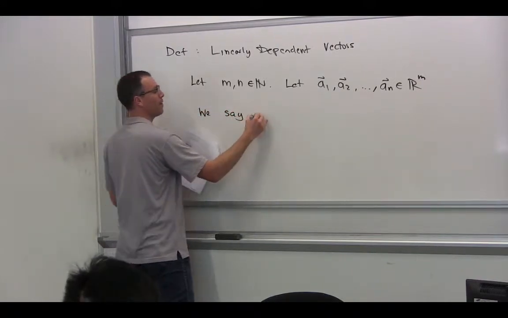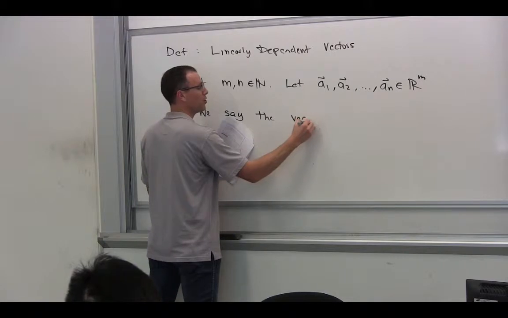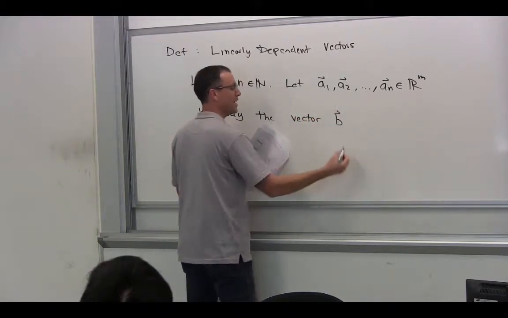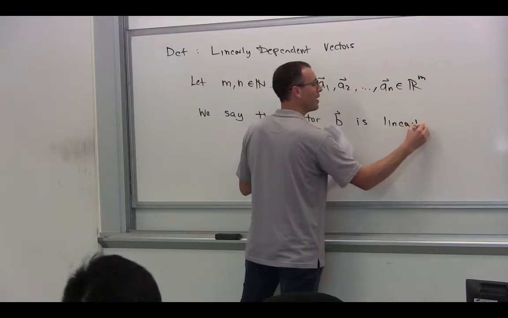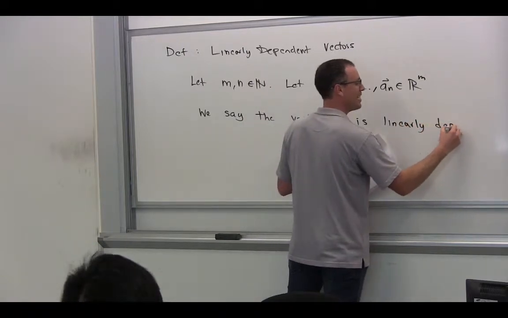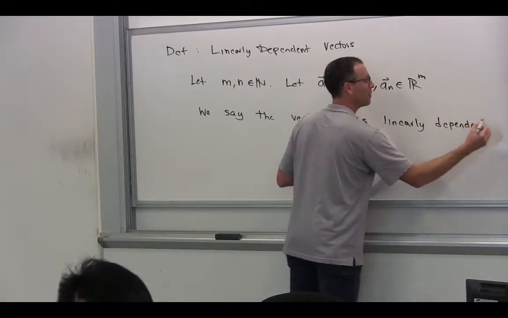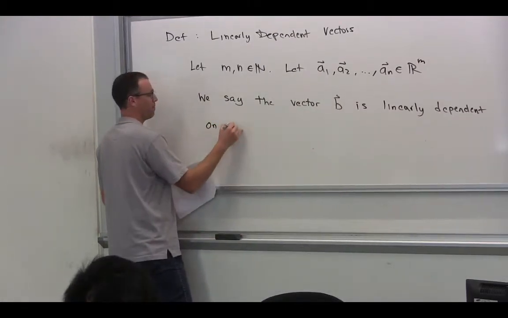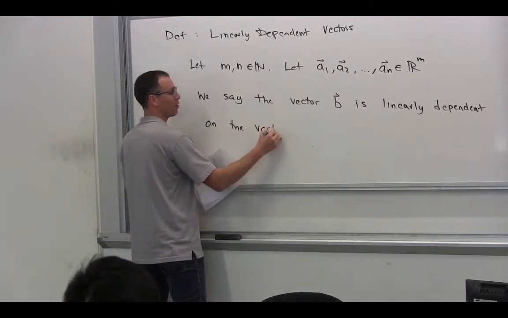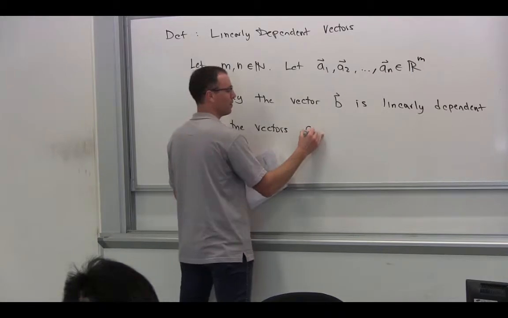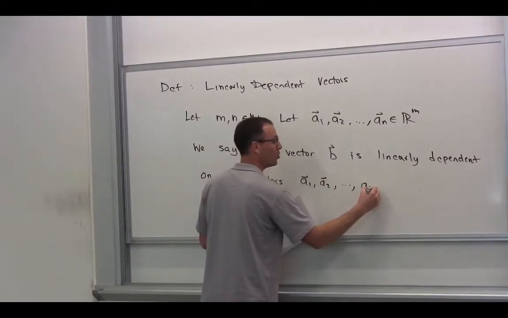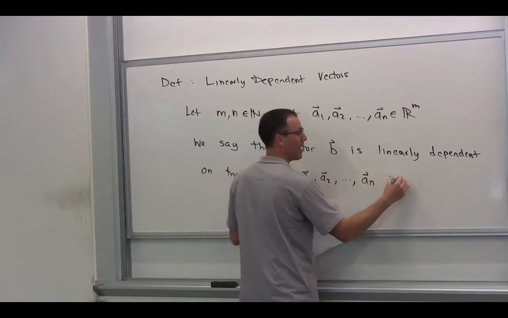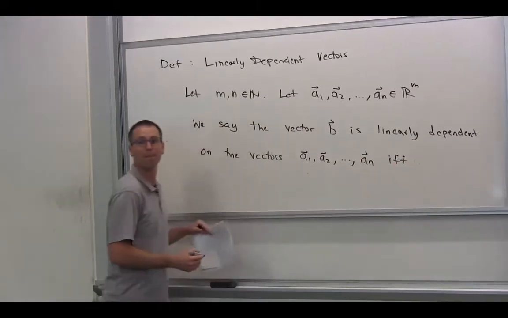We say the vector B is linearly dependent on the vectors, can you guess what I'm about to say? A1, A2, all the way down to AN, if and only if, what?